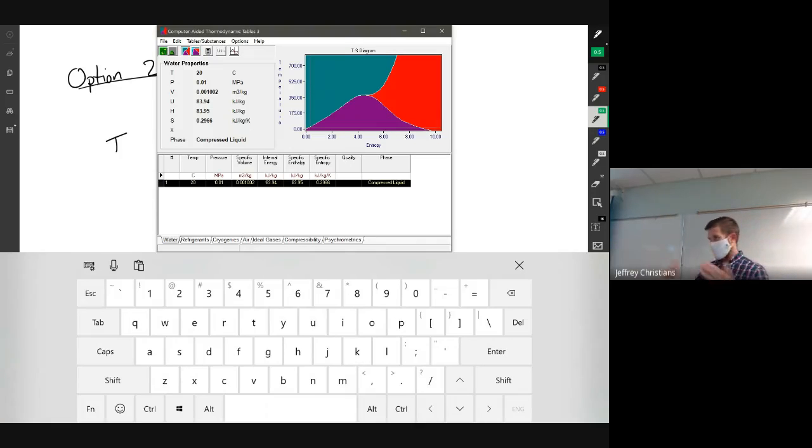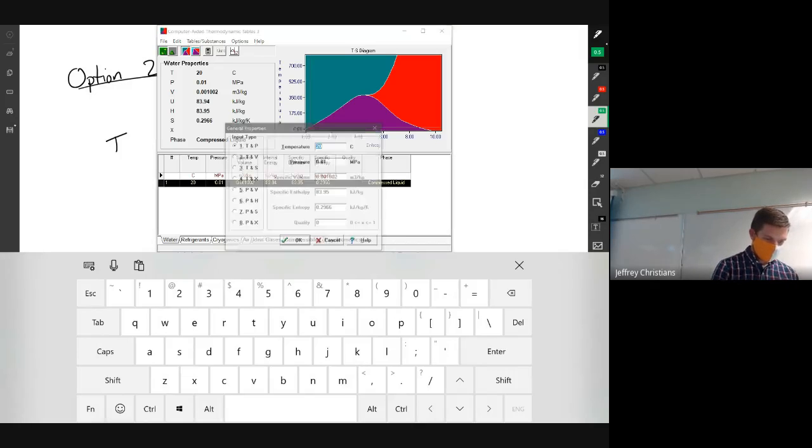Okay, so we have our properties of water. For this process where we're having an ideal pump, this would be a delta S equals 0 process. So how much are we going to compress it to? 1,000 atmospheres, let's say. That's a really high pressure. We'll assume that we're compressing it to 1,000 atmospheres, but the entropy has to stay the same. Delta S equals 0.